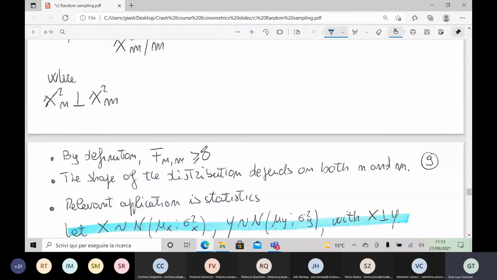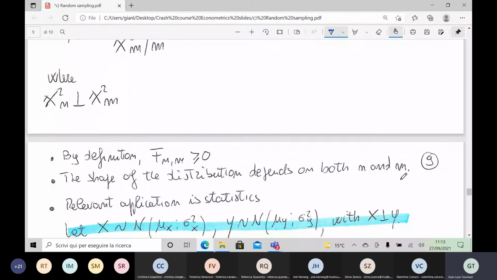Guys, we do not care about the mean. We do not care at all about the variance. It is possible to show, okay, that both the variance and the mean depend on n and m. And in general, the shape of the distribution depends only on n and m. So this distribution is characterized completely by two parameters, n and m. Remember, guys, the normal distribution in general, the general normal, is characterized completely by two parameters, mu and sigma square.